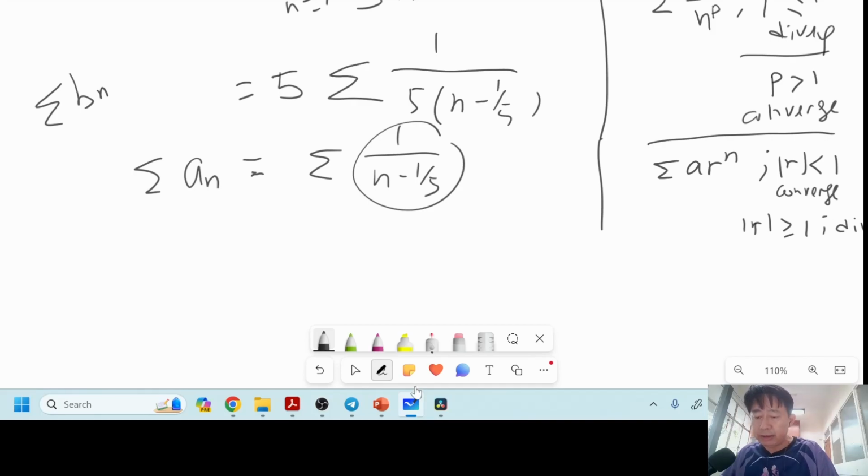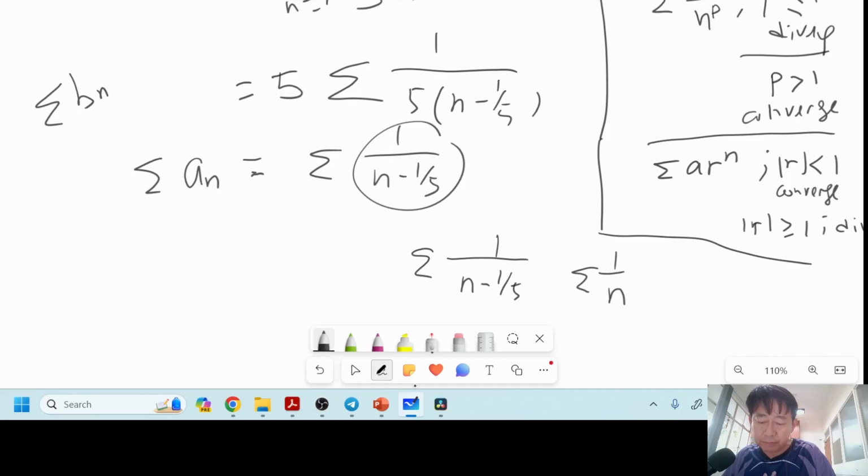The series that we have arrived at, An, has a form that could be compared with the harmonic series. The harmonic series is in the form of 1 over n. Here you have a series in the form of the sum of 1 over n minus a fraction.